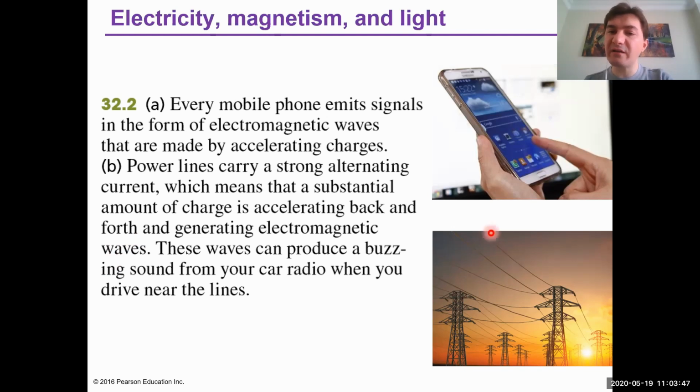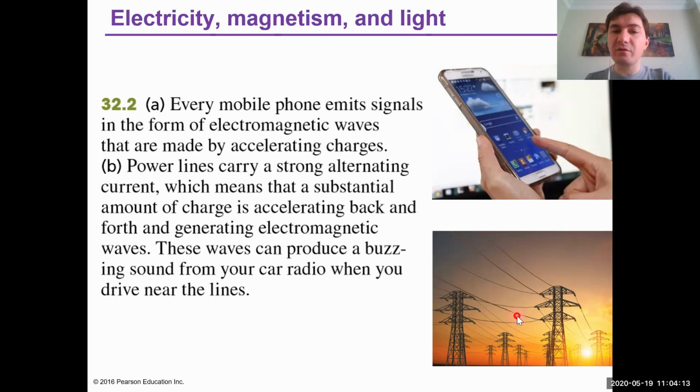So around the wires of the power lines, we produce electromagnetic waves, okay? So how to detect them, how to understand this? These waves can produce a buzzing sound from your car radio when you drive near the lines. So you produce electromagnetic waves.